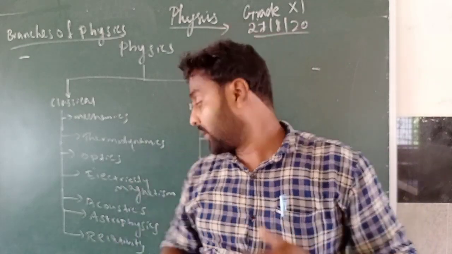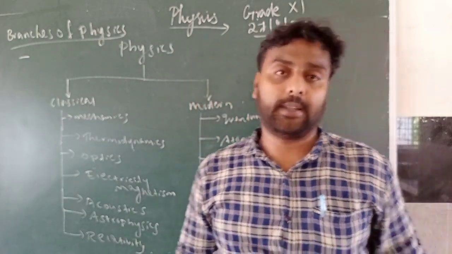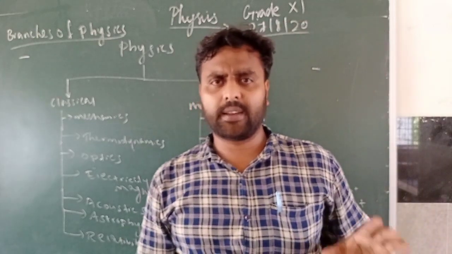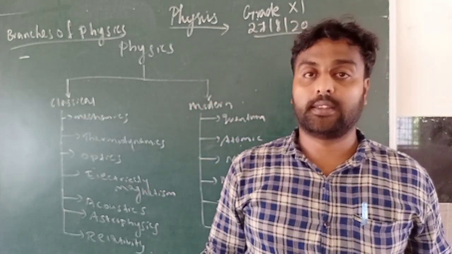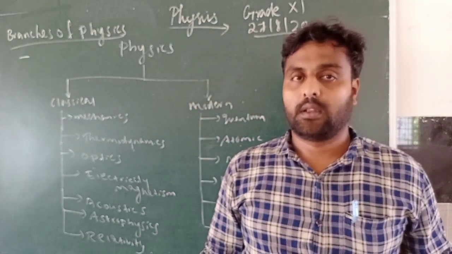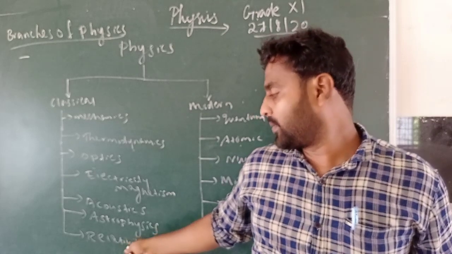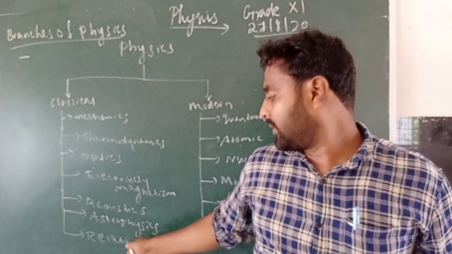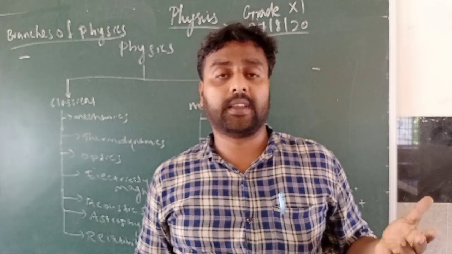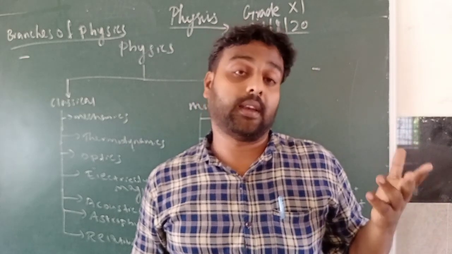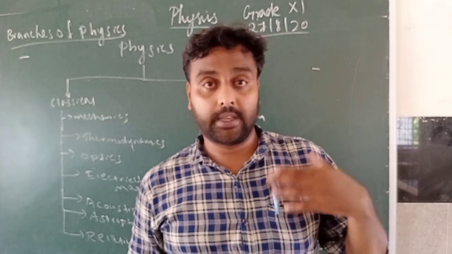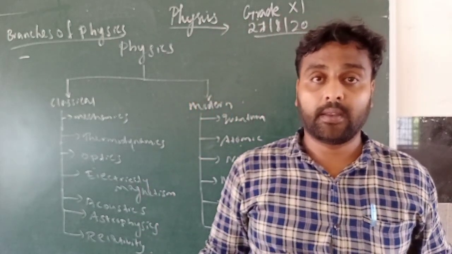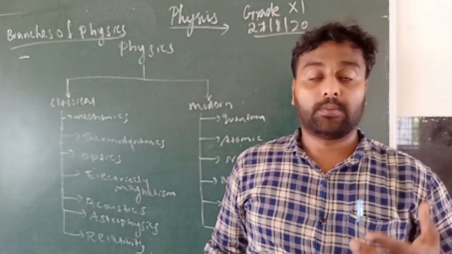And the next one is relativity. Before, I told you about Sir Albert Einstein. He produced this theory of relativity in 1905. Sir Albert Einstein gave the theory of relativity, E is equal to mc square.